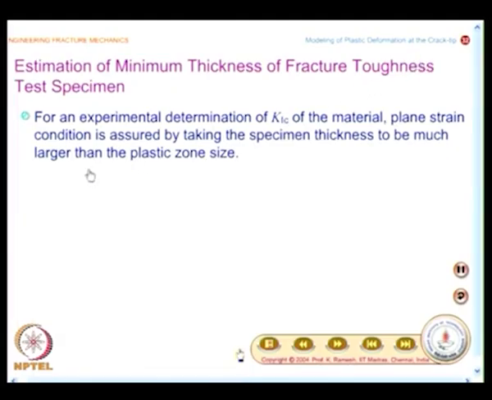What we will have to do for an experimental determination of K1C, you have to maintain plane strain condition. And how do you assess that plane strain condition exists? This is by appropriately taking the specimen thickness such that the plastic zone size is very, very small.